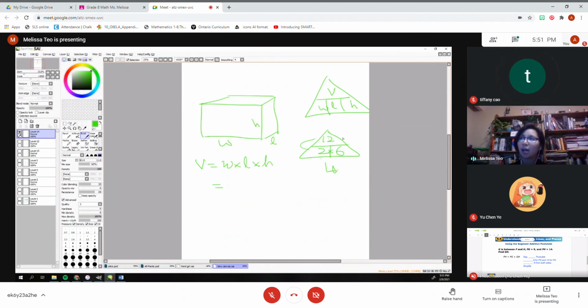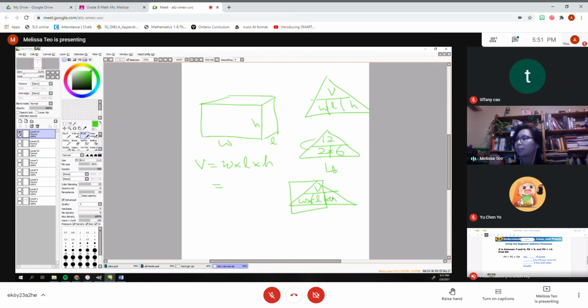Yes. Okay, awesome. So same thing over here. We have the volume, and to find the volume is W times length times height. If we multiply W times length times height, we get the volume. If we divide the volume by W times length, we get the height.